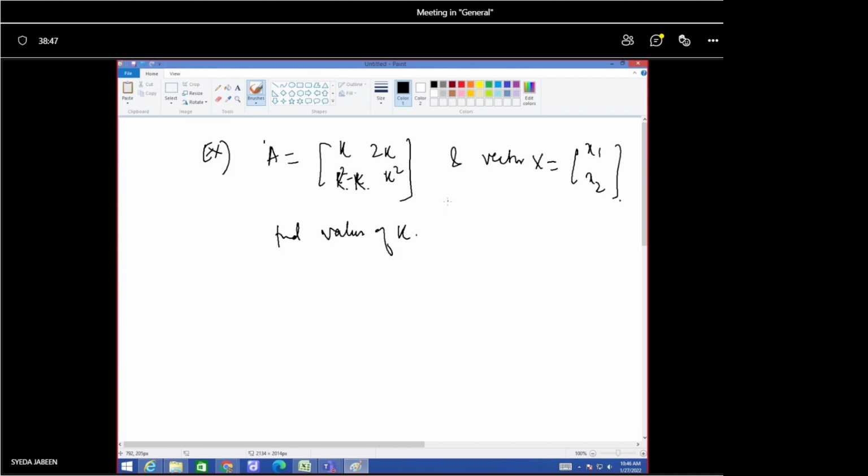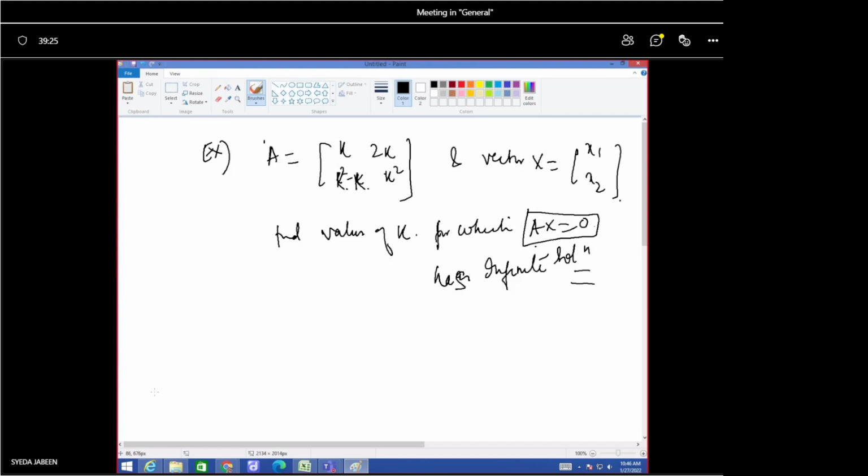Values of K for which Ax is equal to 0 has infinite solution. How to find A power 4 in terms of A? Infinite solution कब होगा? ये किस टाइप का इक्वेशन है? Homogeneous. तो होमोजेनियस में क्या प्रॉपर्टी है? Expression of A4 in terms of A. इसमें सोल्यूशन किस टाइप का होता है?